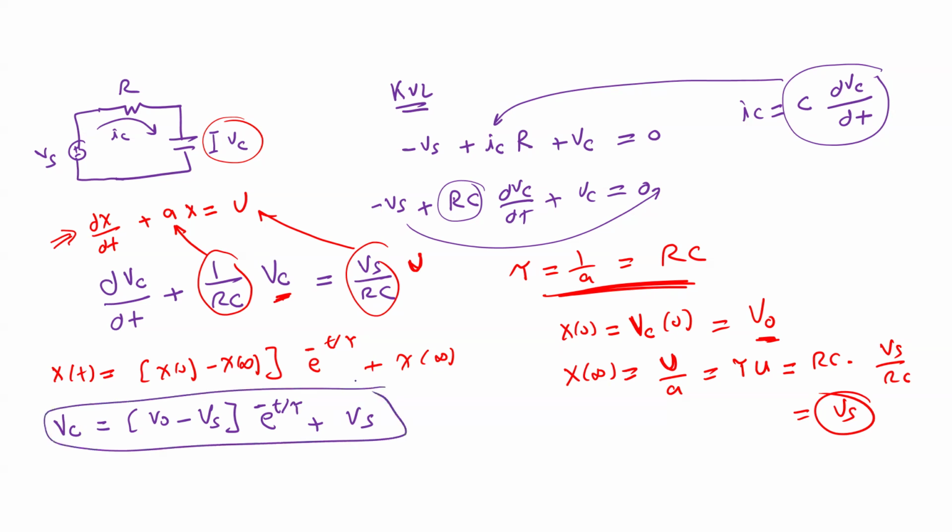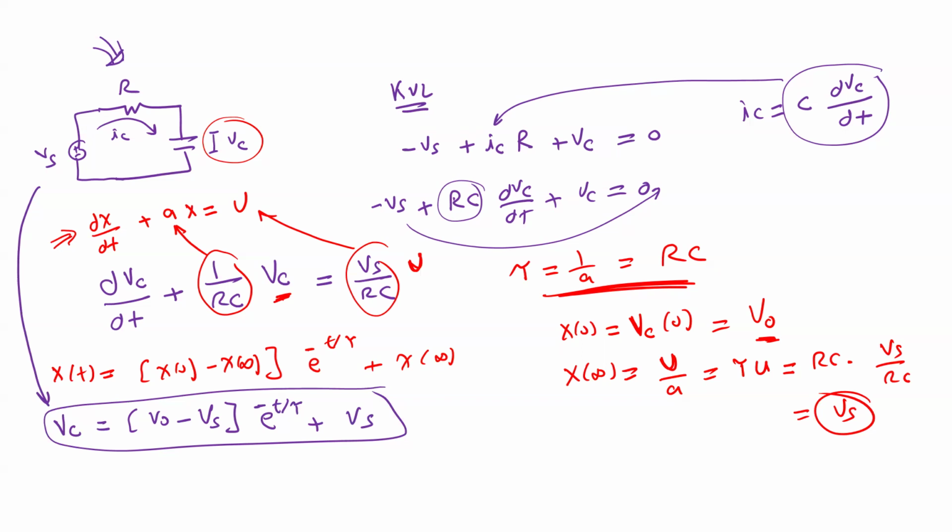Again, guys, very simple. If I have this circuit and I want to find Vc, the voltage across the capacitor, this is the solution. Be careful, I'm saying this is the solution for this exact circuit. If the circuit is different, you cannot use this formula.